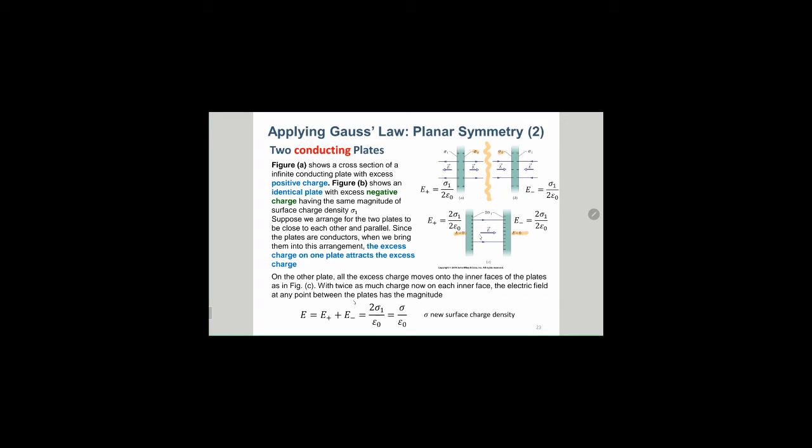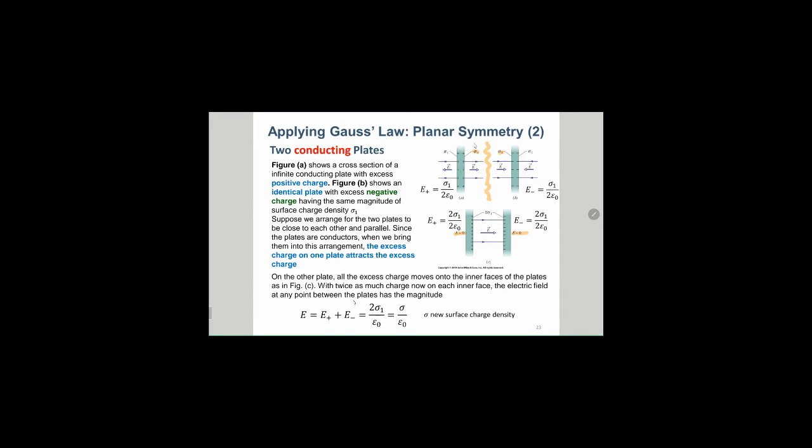And in the middle part, we add this one with this one. So the E fields have the same magnitude and point to the same side. So the E field should be this one plus this one. But actually, you should consider that the magnitude is double, because all the charge goes to the right surface.